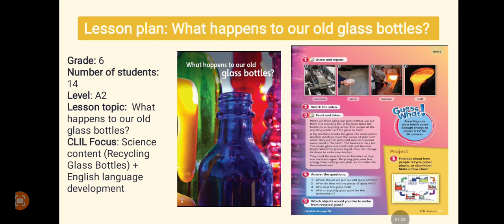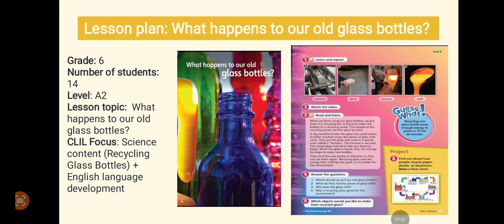Students can learn from this topic about the content of science and English language development. Our grade is 6, the number of students is 14, level A1, A2, and some of them may be B1. Lesson topic: what happens to our old glass bottles. CLIL focus: science content, recycling glass bottles.